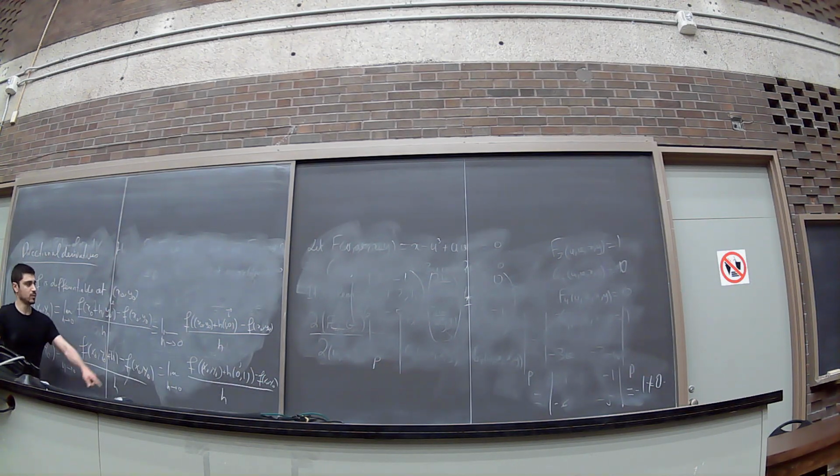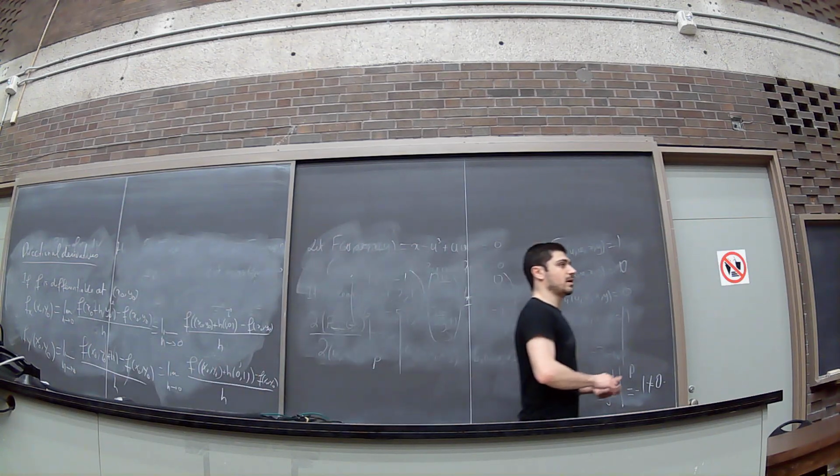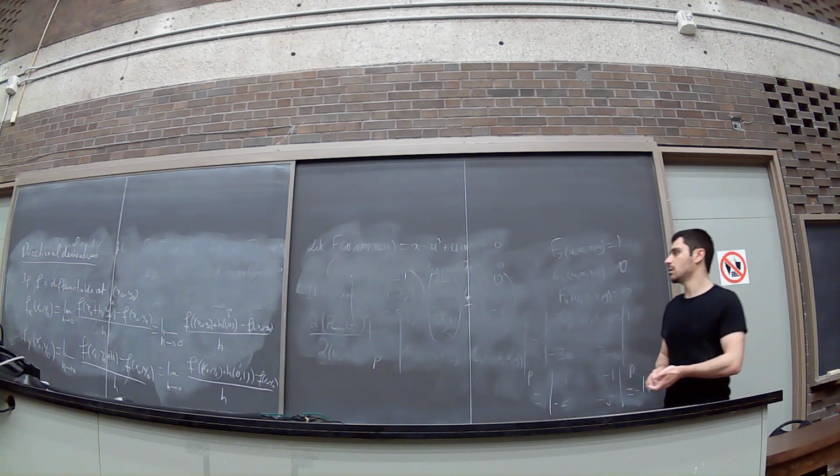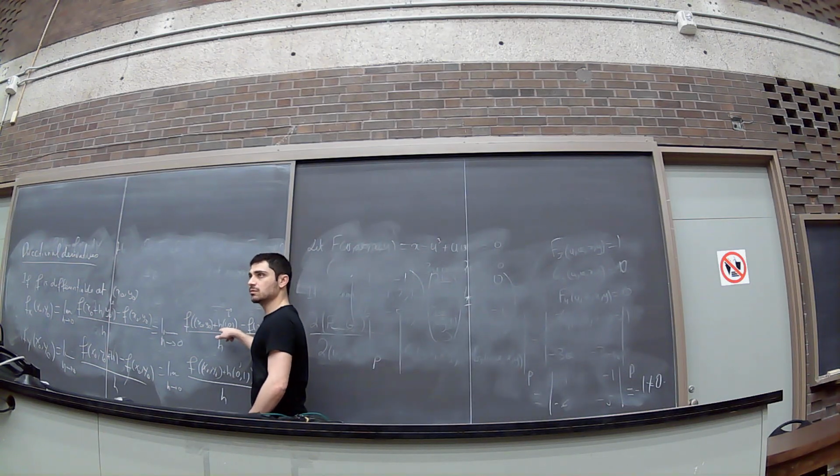We agree? I just rewrote x0 plus h, y0 as x0, y0 plus h times 1, 0, right? Do we agree with this? Everybody, do we agree with this? Yeah? This is easy, right?